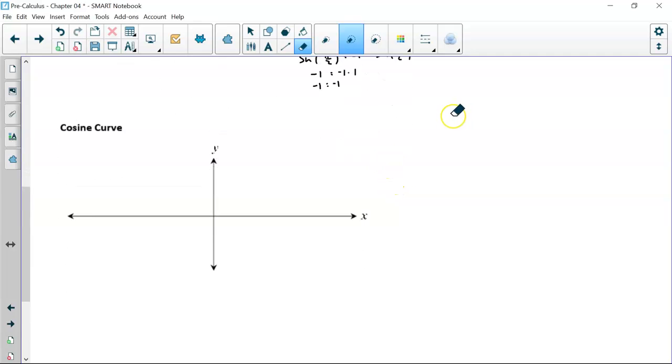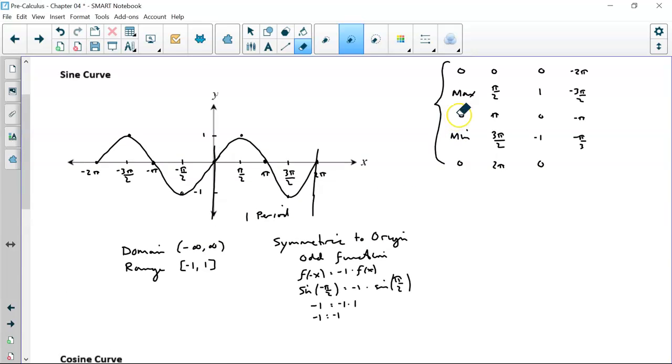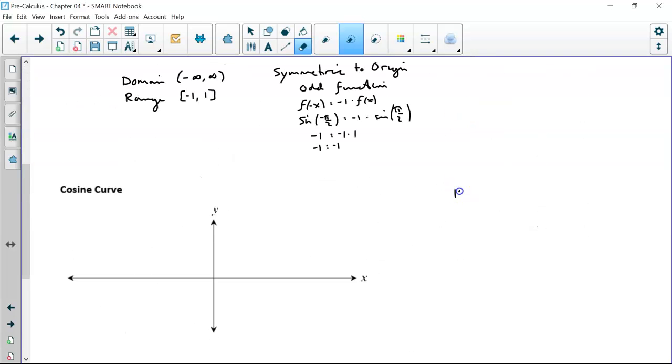Now cosine is actually very similar. From the unit circle, we have our key points: 0, pi over 2, pi, 3 pi over 2, and then back again to the beginning at 2 pi. So now, the cosine of 0 is 1.